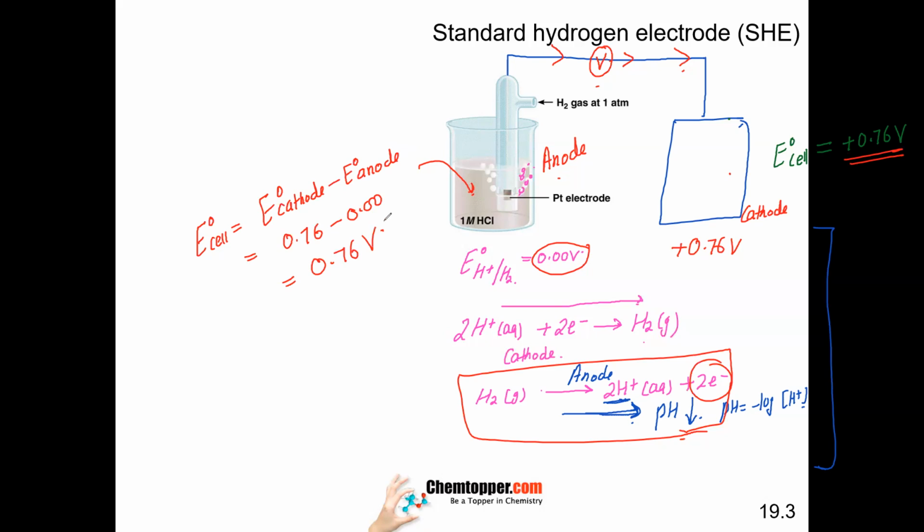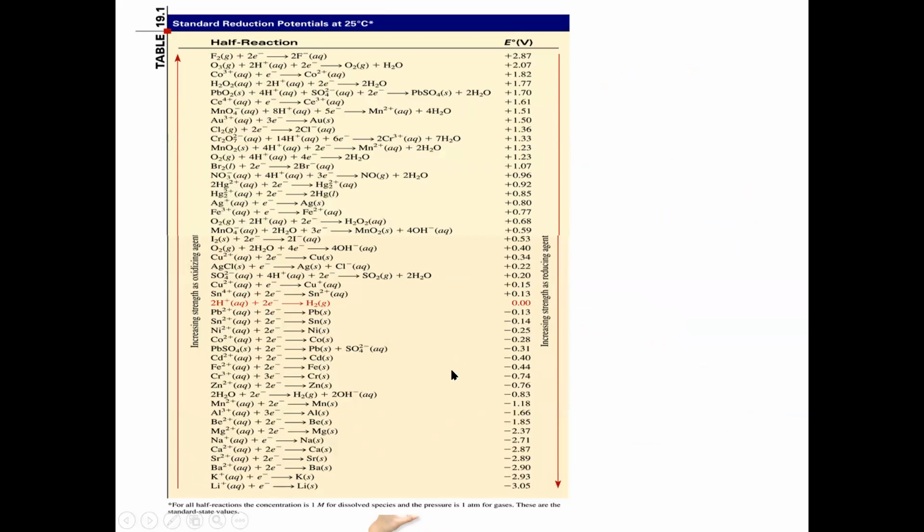Let's go back to the table. Because here you see that the contribution by the SHE is 0. So whatever reading is reflected here is actually the reduction potential of your other material. So that's how they have measured the reduction potentials of all the materials here.